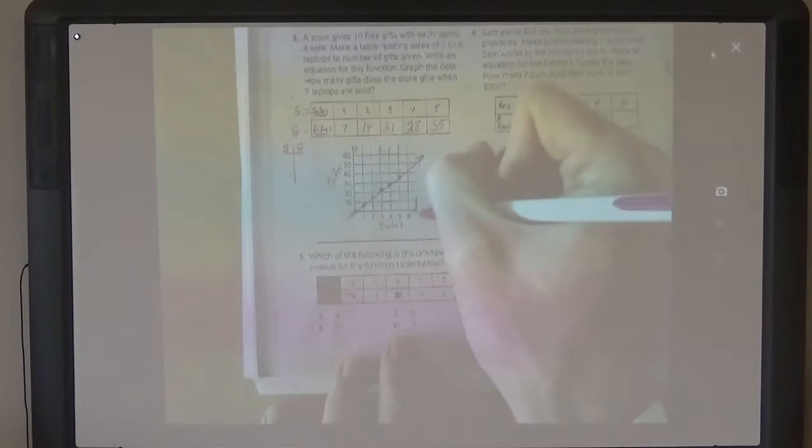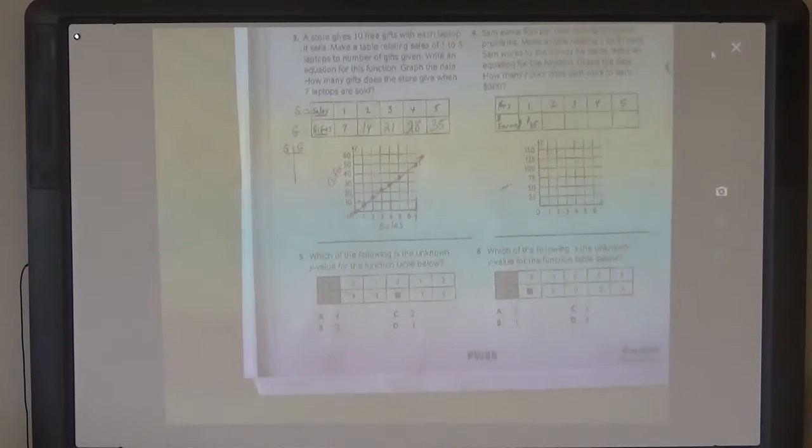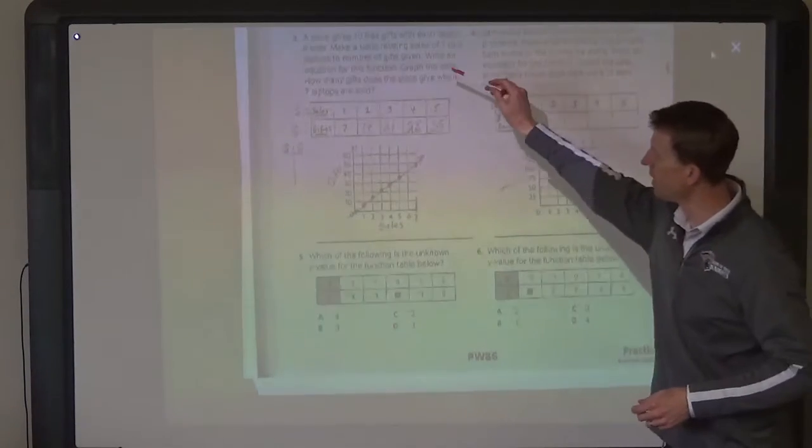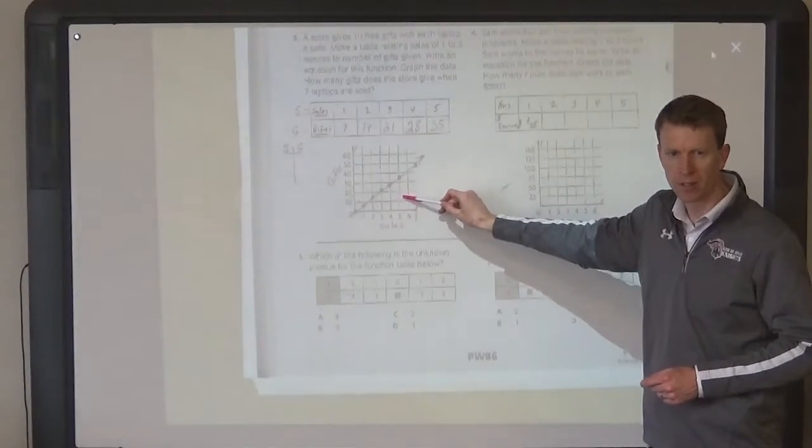So at 7, it'll be right below the 50. Do you see the pattern? Do you see how the line relates to the numbers? And do you see how those numbers are related? Okay, yep. That's what you're learning about today, is how numbers from a real world situation like this can produce a line on a graph called a function.